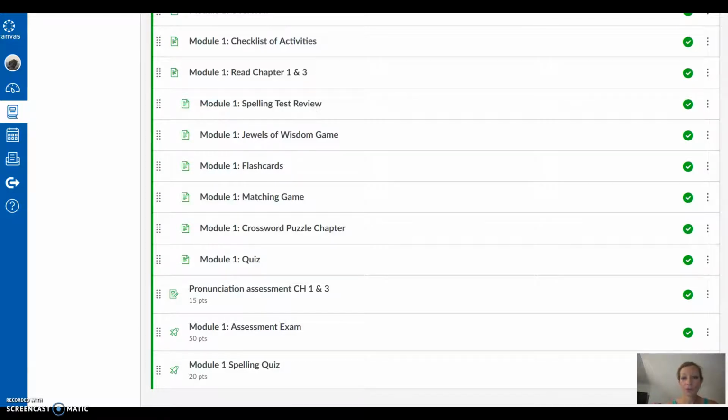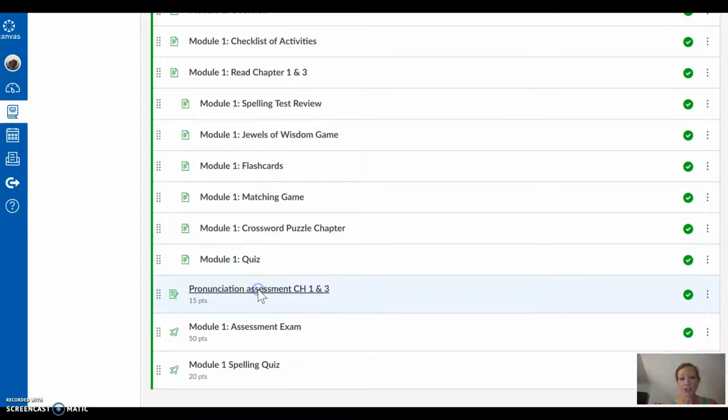Prior to taking any of your assessments, you're going to want to go through the spelling test review. These are not going to be the identical words that you need to know, but it will give you the formatting of how it will be. All these games should help you with memorization. If you learn more and do more with them, you're going to commit them to memory much better.